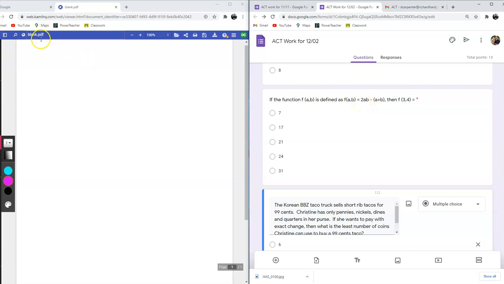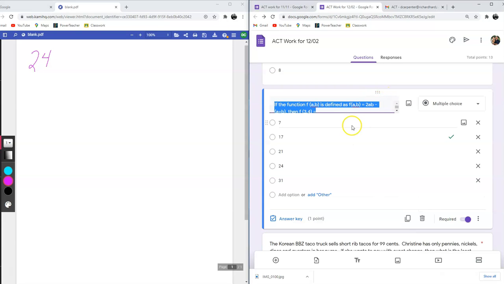So that's going to be 24. That's our first part. And then back over to here, minus 3 plus 4, which is 7. So if we have 24 minus 7, we have 17. All right.